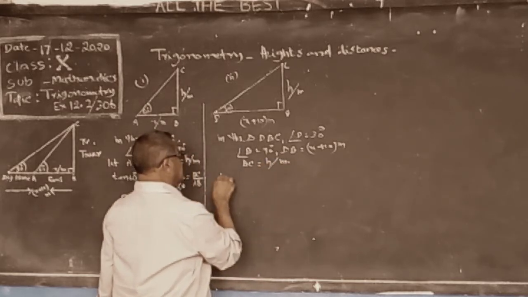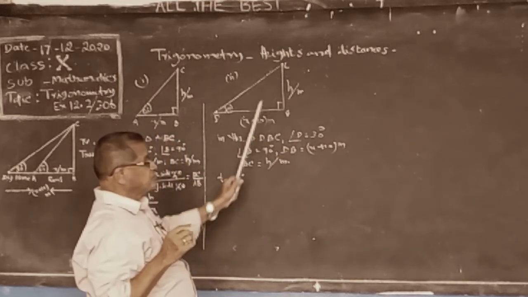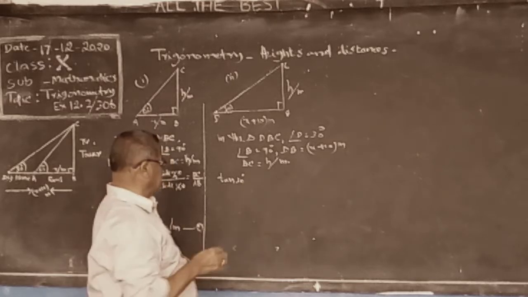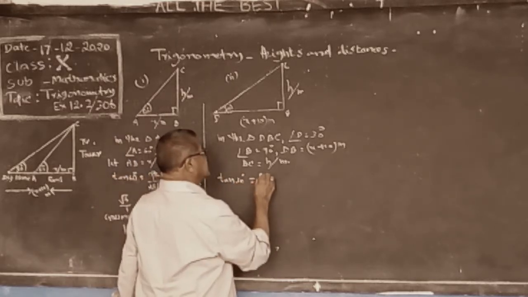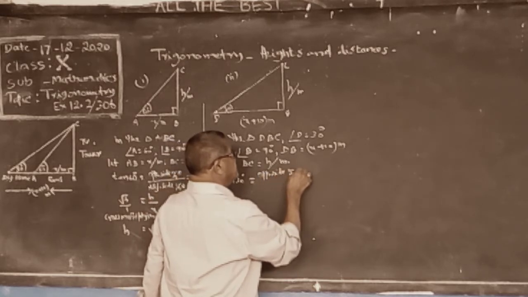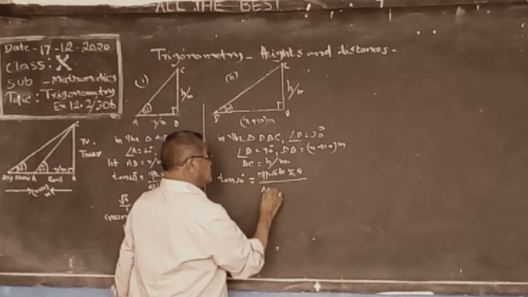Therefore, tan 30 degrees here. The trigonometrical ratio is tan 30, again opposite side of the theta by adjacent side of the theta.